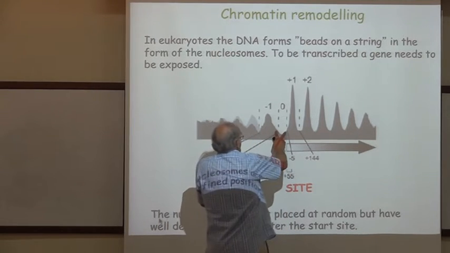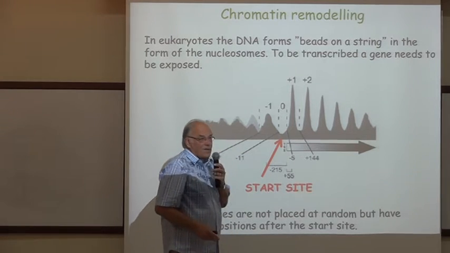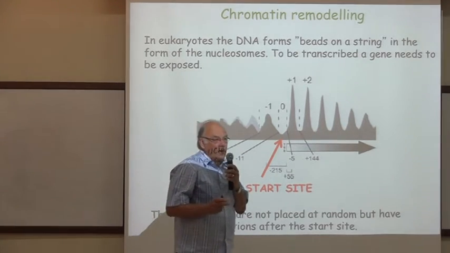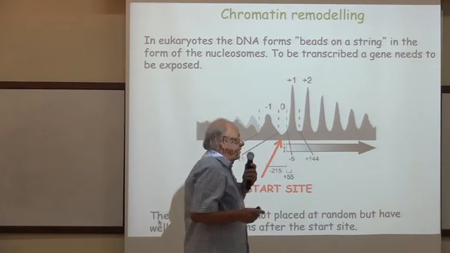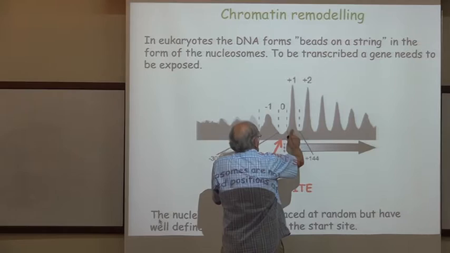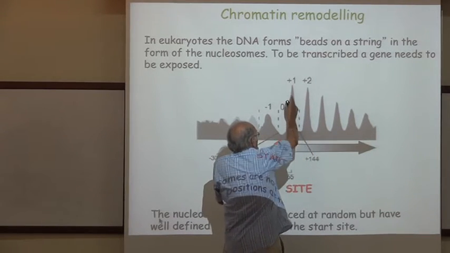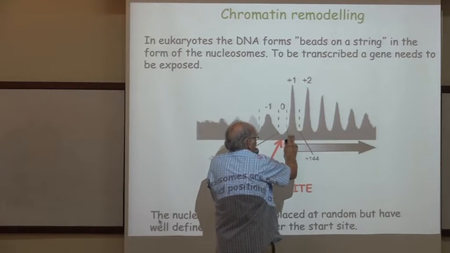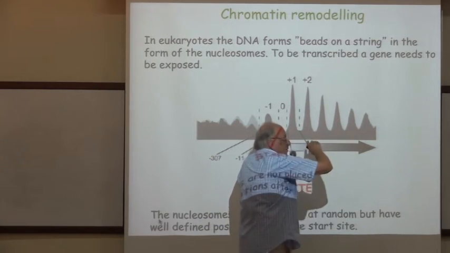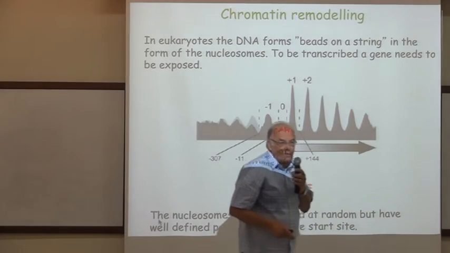So there is a wider gap at the transcription start site. There are usually no nucleosomes bound to this area. But after the transcription start site, the nucleosomes are, with high frequency, positioned at a certain distance here, and then as you go further and further away, it becomes more and more fuzzy.